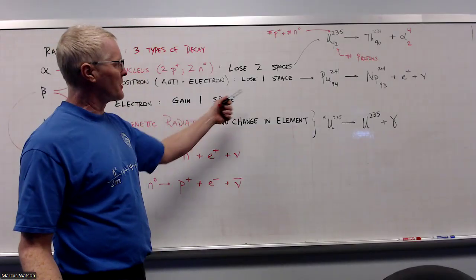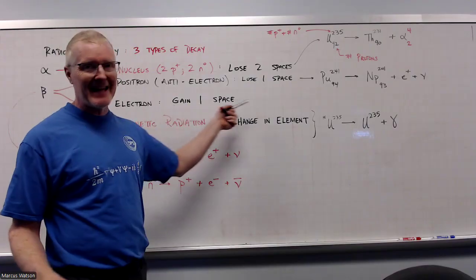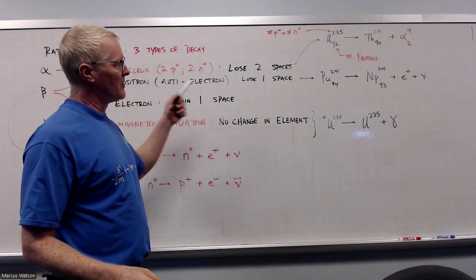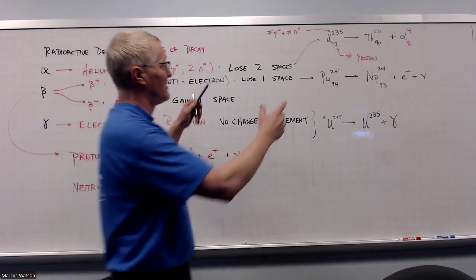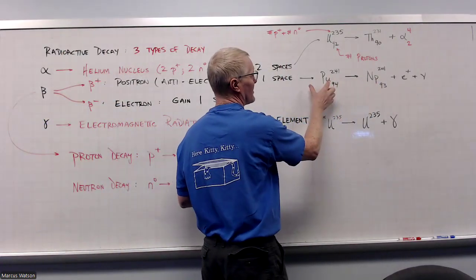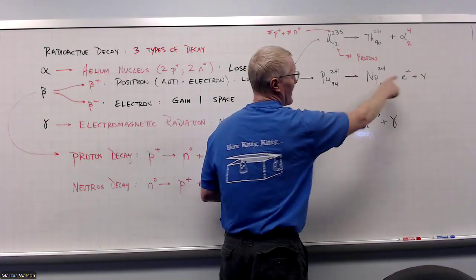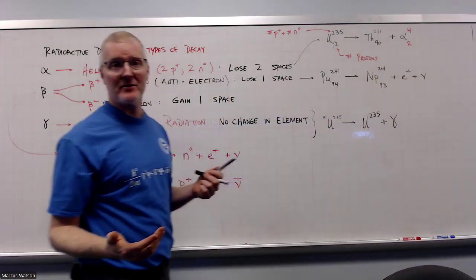The opposite happens when you're talking about beta negative decay. You just write it the exact opposite, right? I would have started with this thing over here, and I would have ended with that thing over there, and this would have become an E minus, okay?